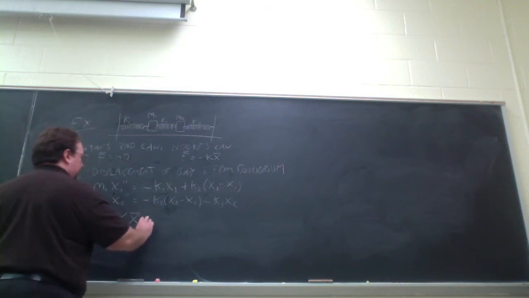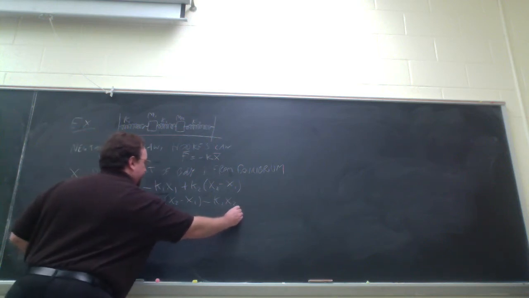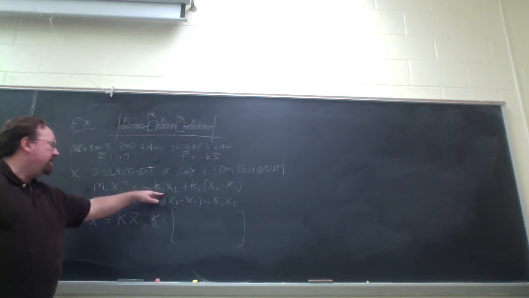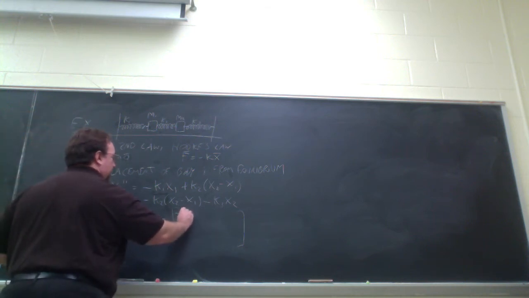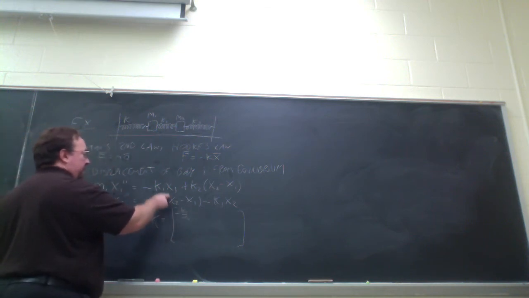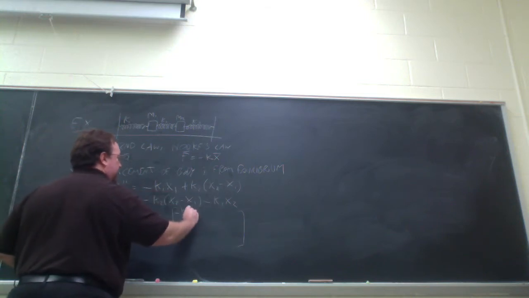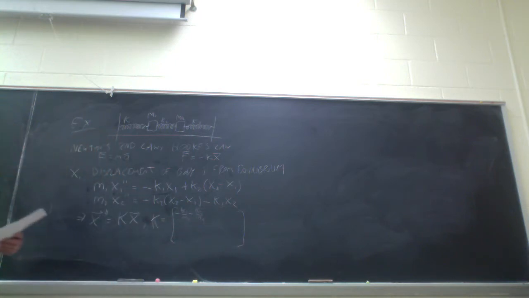So what do you end up getting for your matrix is, first of all, in this equation, what is multiplying x1? Well, we have minus k1 over m1 from here, and then over here we have minus k2 over m1. So that's the 1, 1 entry there.